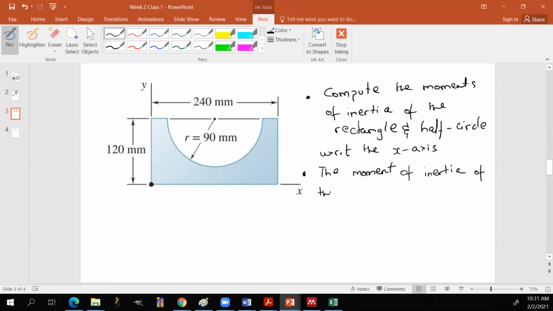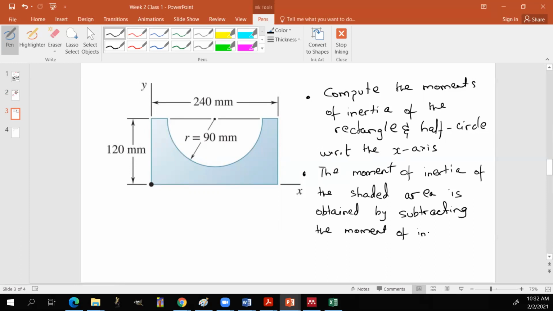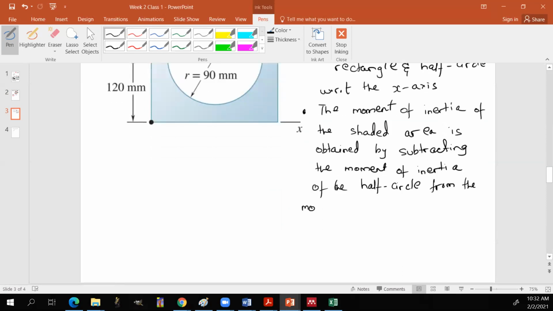Of the shaded area is obtained by subtracting the moment of inertia of the half circle from the moment of inertia of the rectangle.